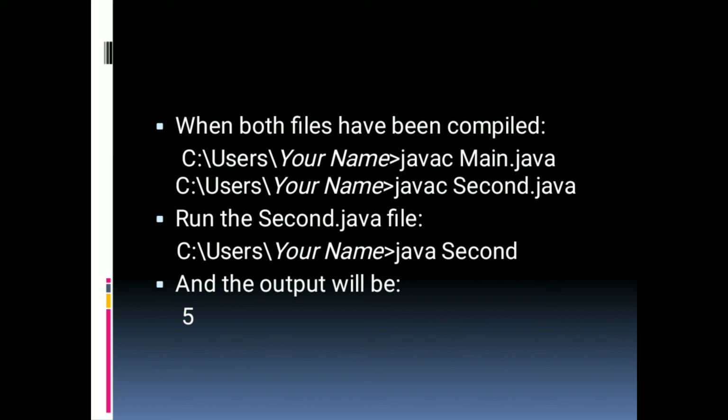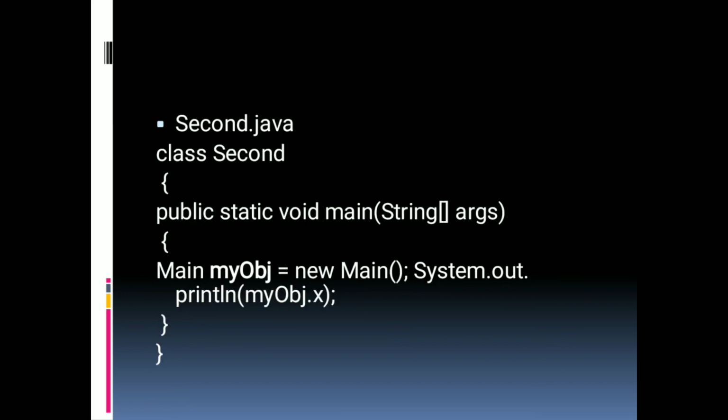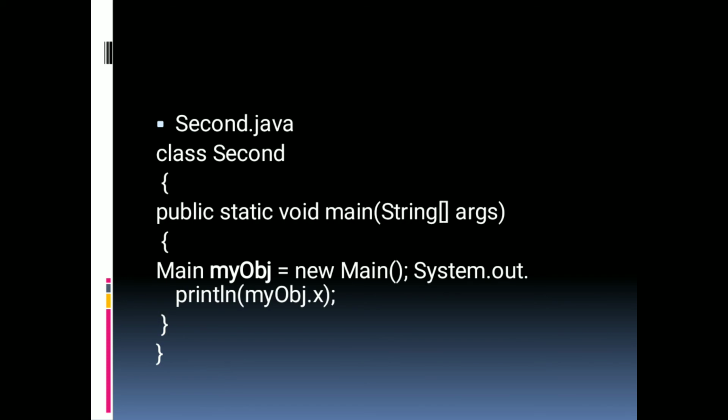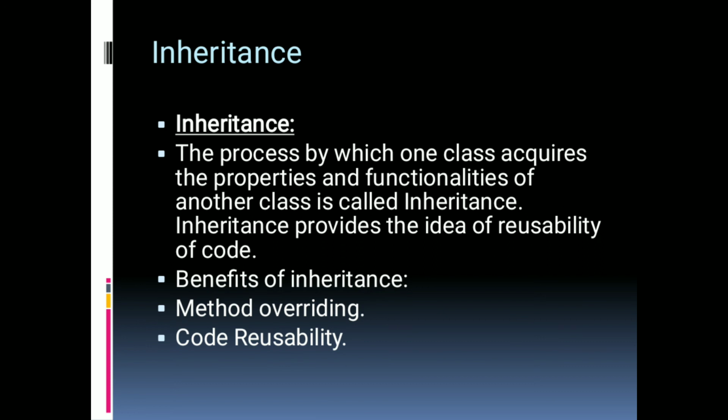That's why we use second.java, which consists of the main method. After running second.java with the command java second, the expected output will be 5. Here we are printing the value of x by using the object, so the value of x will be 5.